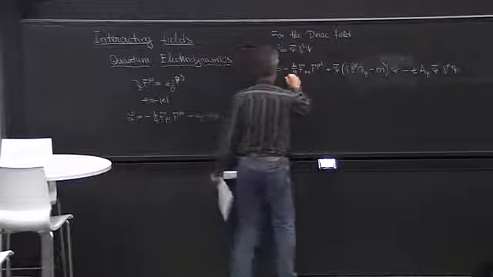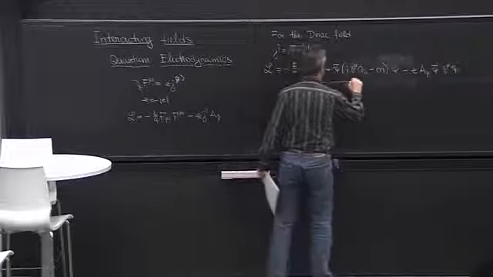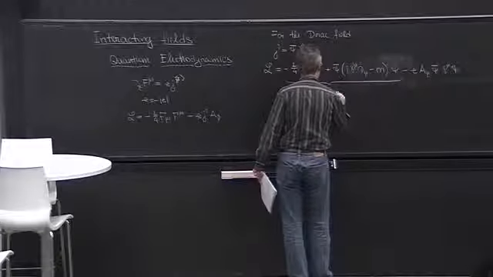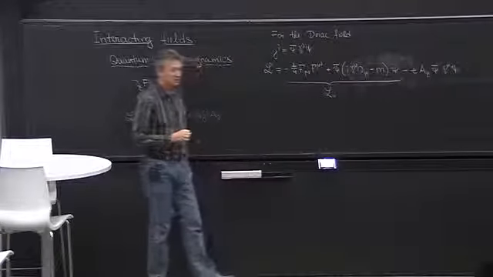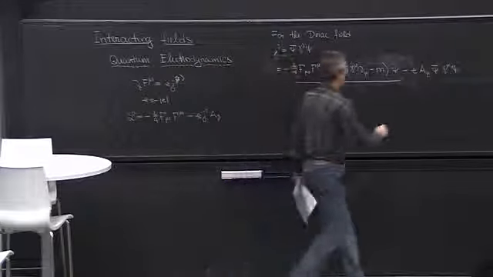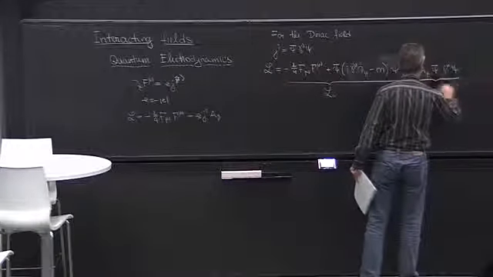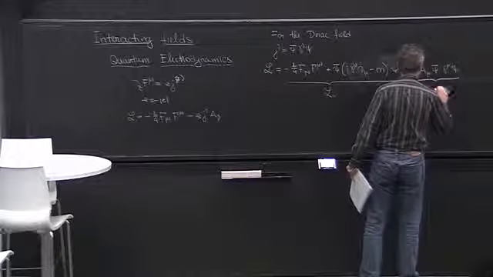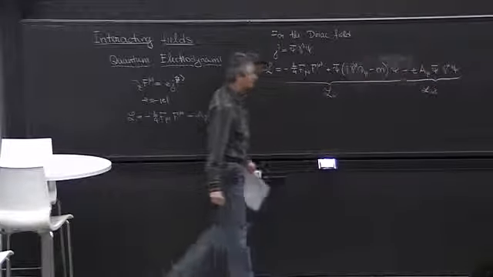So these two terms, we'll call them L0. They describe free fields. And this term describes interactions. So this is the interaction part of the Lagrangian.